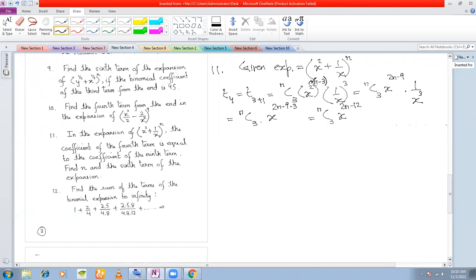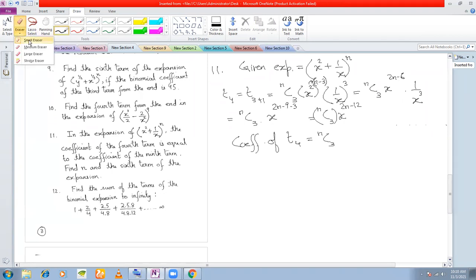Now what is the coefficient of this fourth term? The coefficient of this fourth term is NC3. Only this part is the coefficient. This is 2n minus 6, yes.